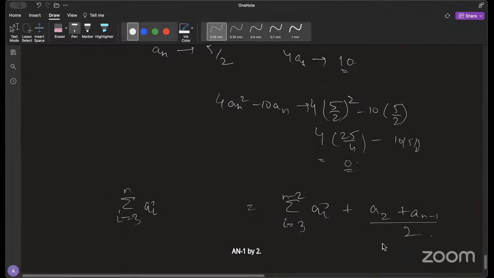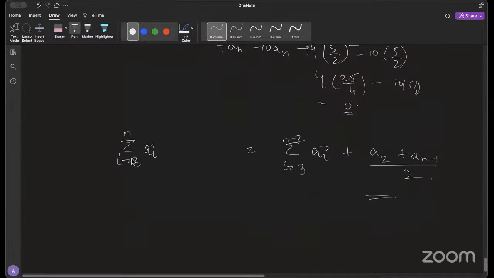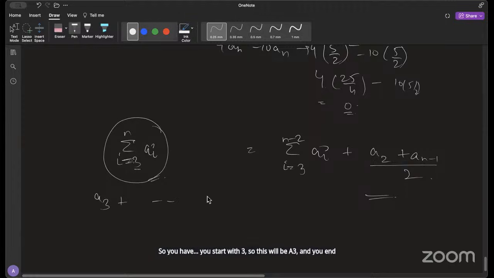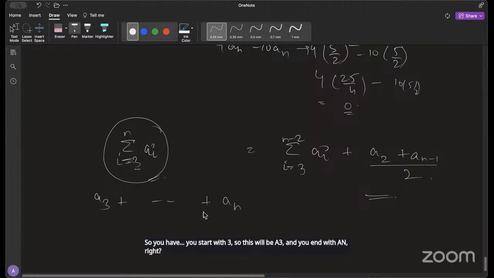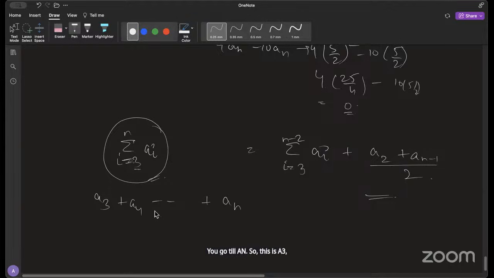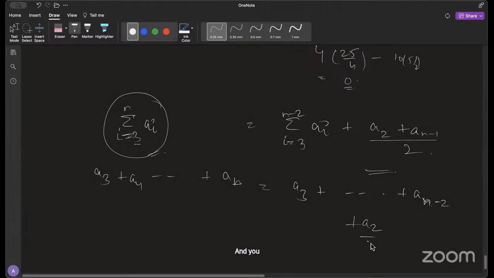Right? This was the question. So here, you just need to know how to expand this summation. You start with 3, so this will be a3 and you go till an. So this is a3, then a4, and so on till an. And here you go from 3 to n minus 2. And you already have a2 by 2 and an minus 1 by 2.